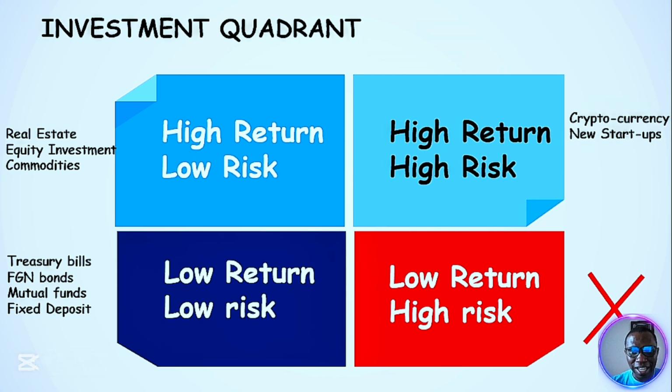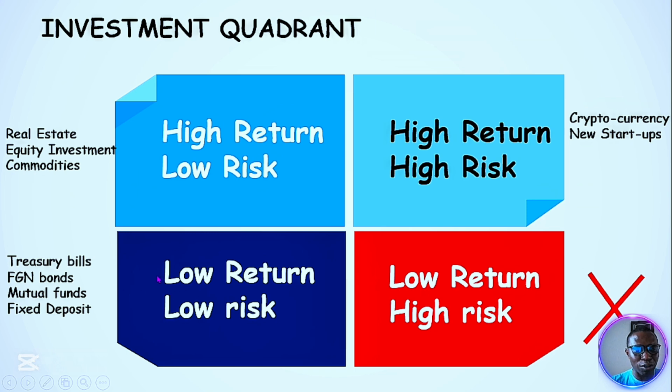You cancel it because the risk is high. Every investment has two halves, return and the risk involved. Every investment has risk. So once the risk is higher than the return, then the best thing is not to go for it.